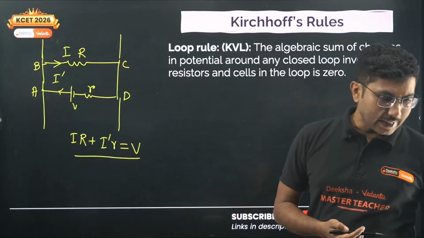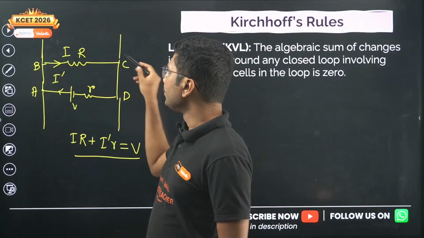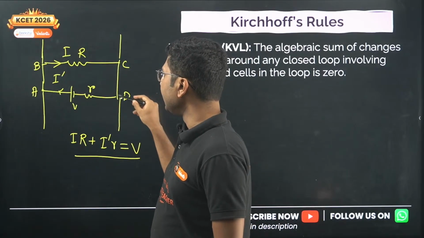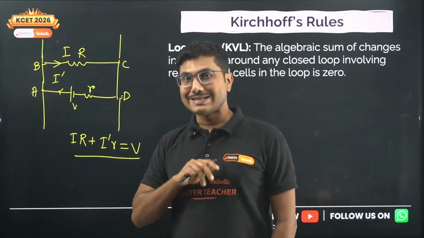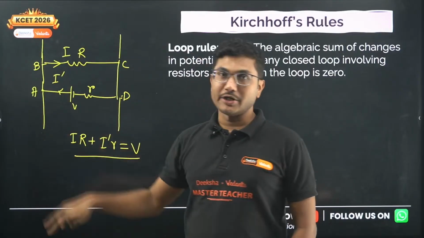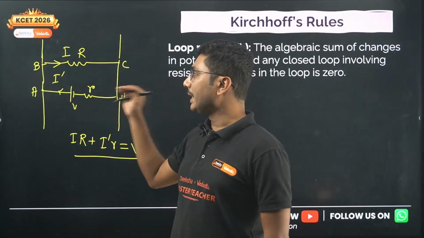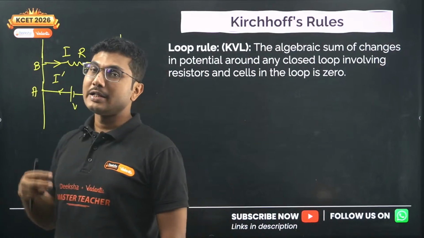Secondly, when you are moving, say A to B, B to C, C to D and D to A, your starting point and your ending point should be the same. So you have to maintain the direction of the journey, and you also have to maintain that the starting point and ending point are the same. That is called a loop.